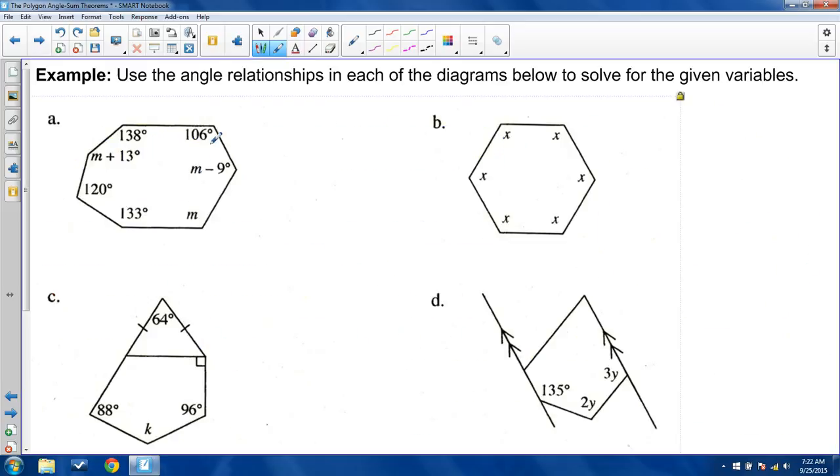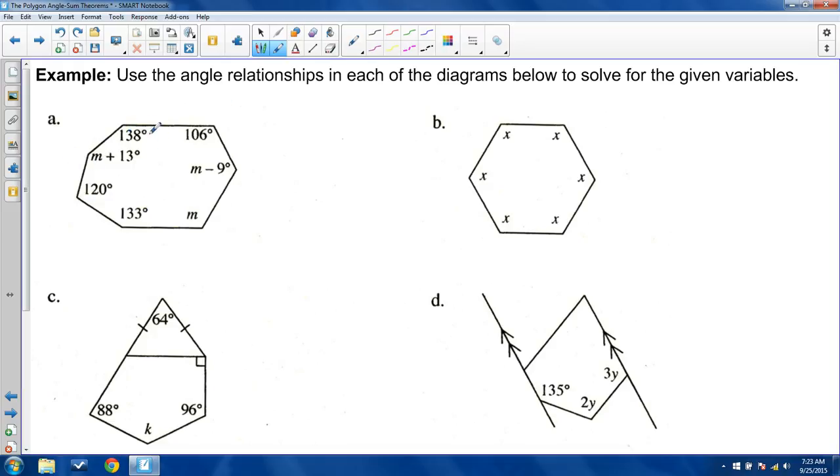So let's do a couple of examples with that based on what we know, and it might be good to have a calculator handy here. First of all, for these problems, we have to use the angle relationships in each of the diagrams below to solve for the given variable. In the first one, part A, we have a polygon that's 1, 2, 3, 4, 5, 6, 7 sides big.